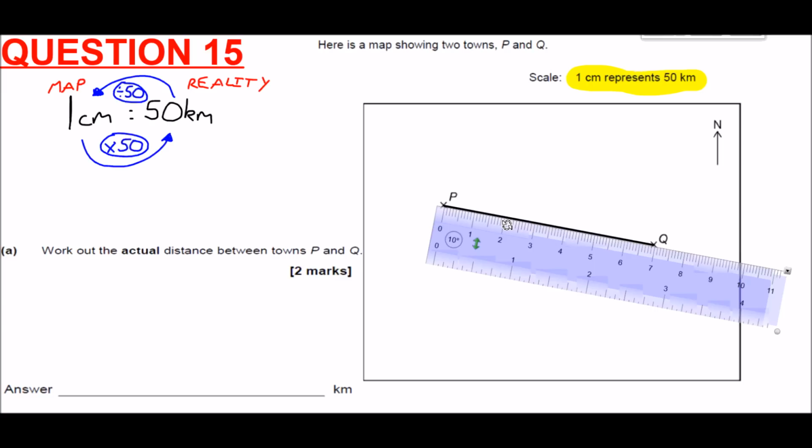Each photocopy is slightly different to all the others, so get your teacher to come over and check it for you if you're not sure. But you should have something in the region of 7 centimetres. If it's wildly out, if it's much different to 7, either you're reading it wrongly or your diagram's been resized in some major way. But anyway, as I say, you should find that the distance from P to Q is 7 centimetres.